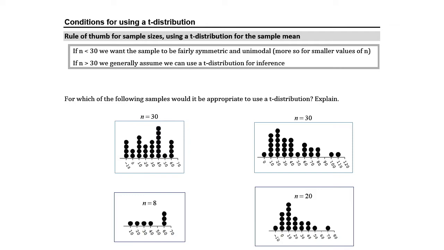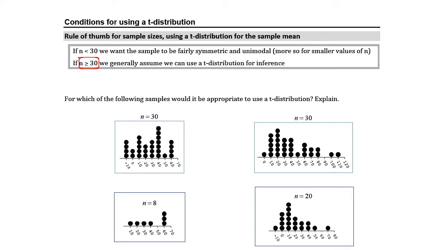Now, large enough we can quantify using this rule of thumb, in which we say if n is at least 30, we generally assume that it's reasonable to use a t-distribution for inference.